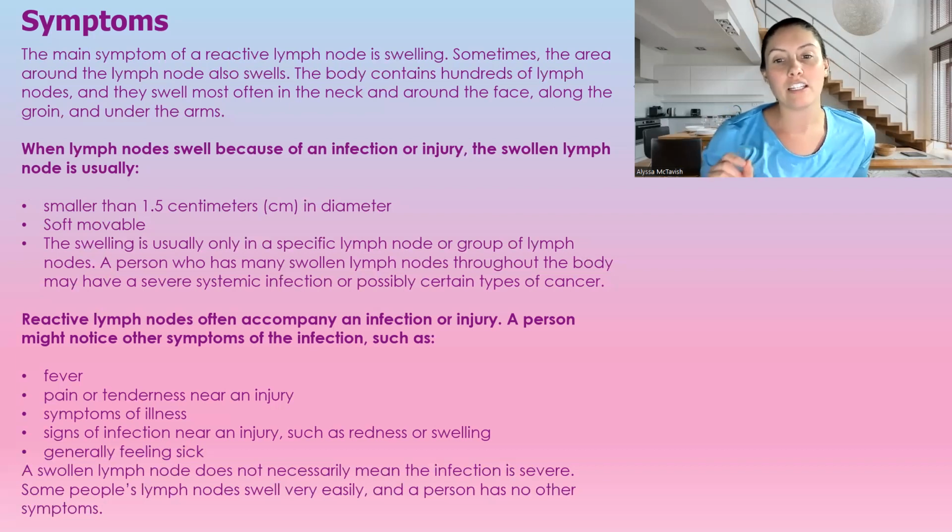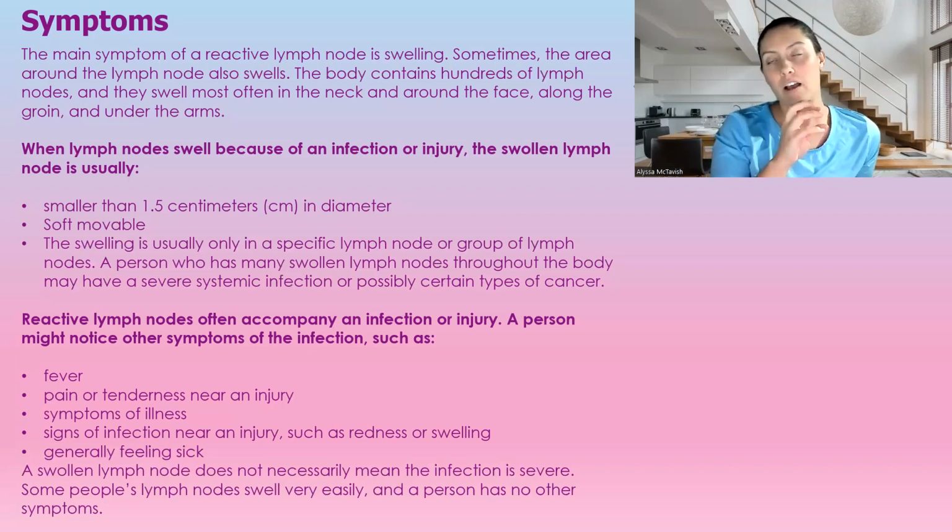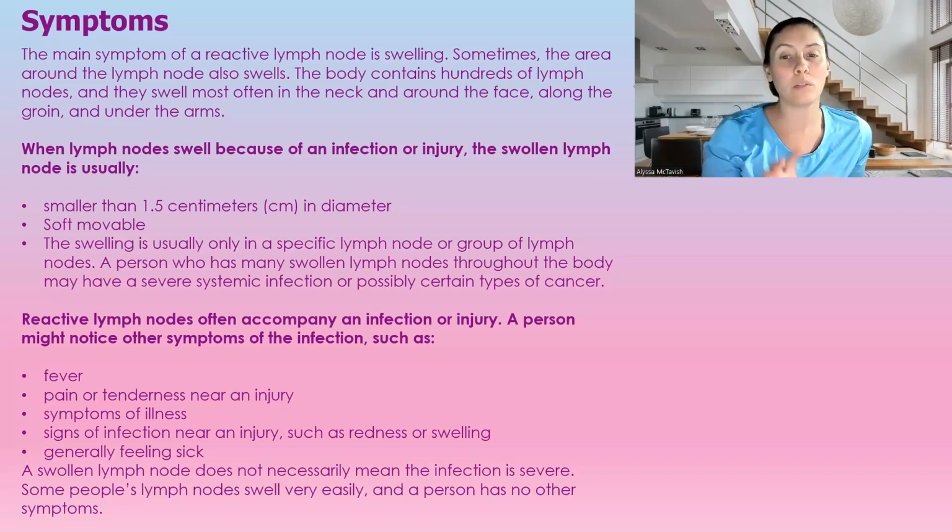The swelling is usually only in a specific lymph node or group of lymph nodes, okay? Normally lymph nodes are grouped together, so you could have some in that area, and it's not normally throughout the whole body, okay?